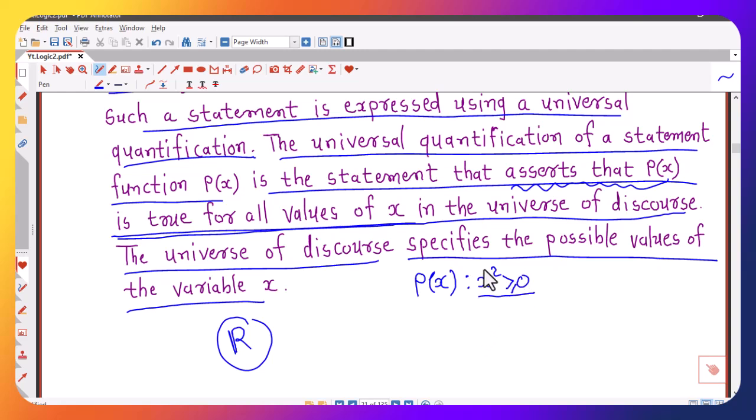So if I consider p(x) as x squared is non-negative, then this is always true for all values of x in this domain. So I can quantify it as for all x, p(x). This means for every real number x, x squared is always non-negative, or we can say that p(x) is true for all values of x in the set of real numbers.